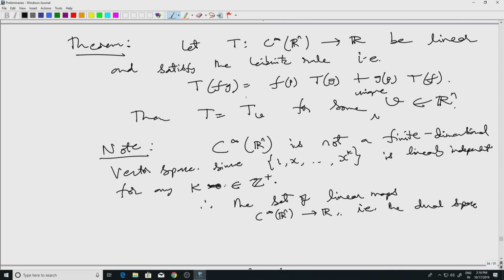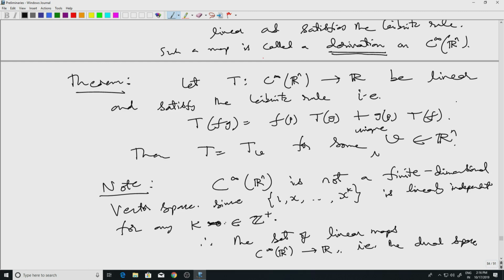Then the claim is that T is actually equal to the directional derivative of exactly one vector v in R^n. So this sets up a bijective correspondence between R^n and derivations on C infinity R^n.